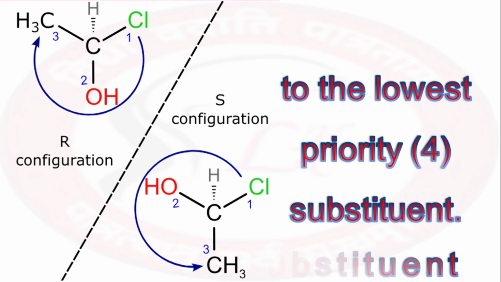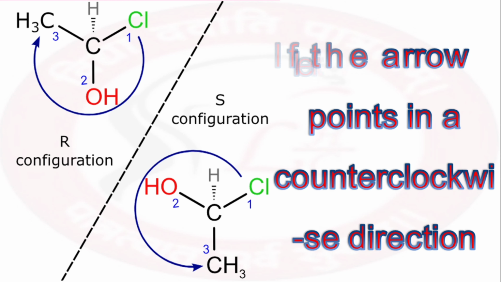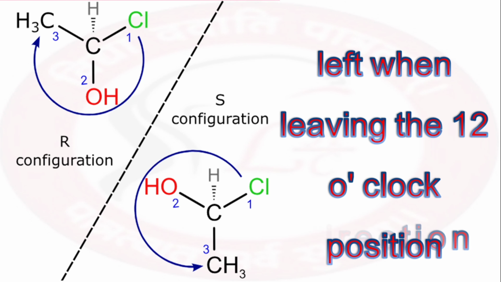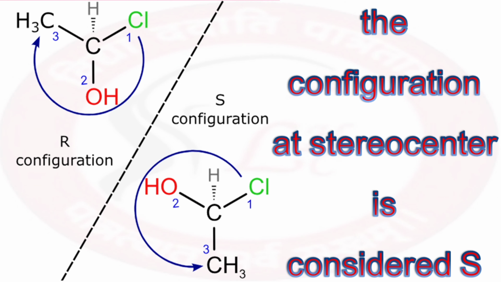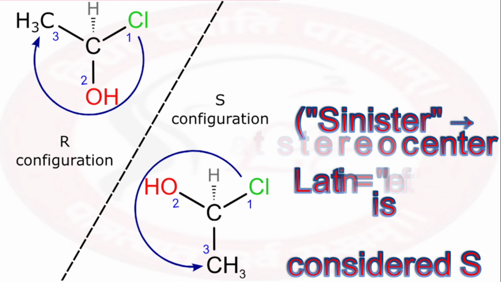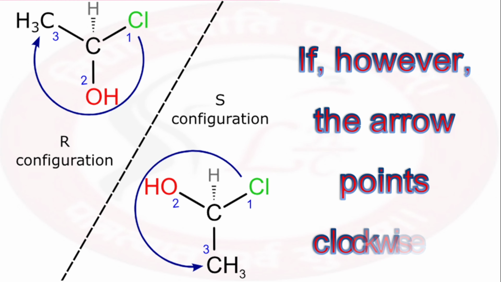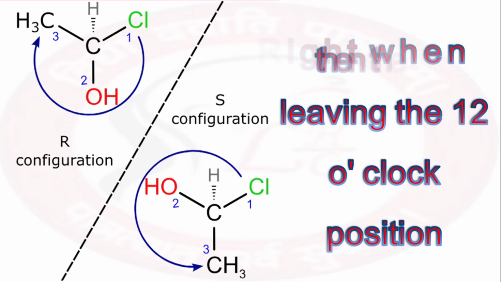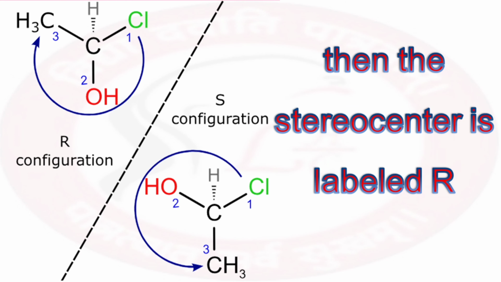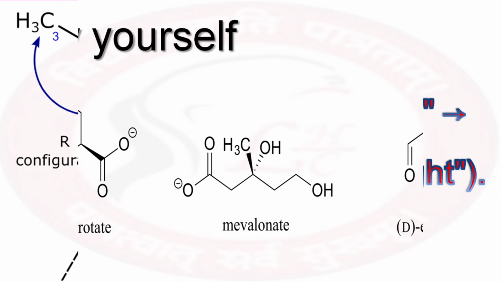If the arrow turns in the anticlockwise direction, the configuration is labeled S. And what is the full form of S? S means sinister. It is a Latin word for the direction left. And if the arrow turns clockwise, then the stereo center is labeled R. R means rectus. In Latin, it is called right direction.